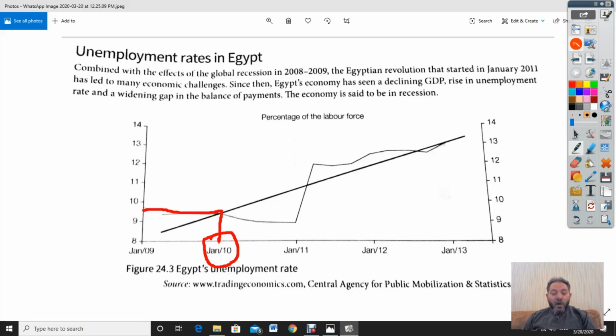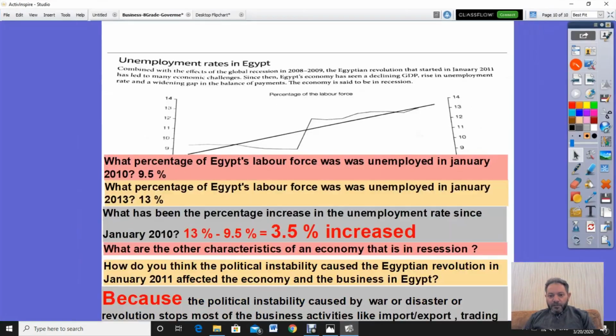So the unemployment percentage in January 2010 was 9.5. So the first answer is 9.5.